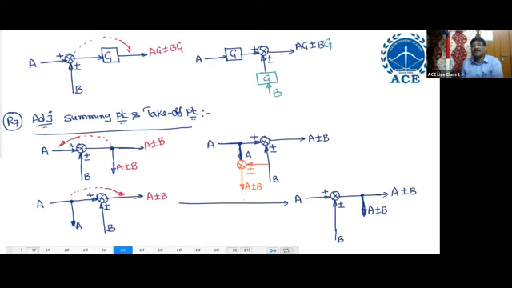Before shifting A is there, after shifting also A. That means I need to subtract the B signal. Here I will subtract, minus R plus B. Plus means minus, minus means plus. So that B is cancelled. Then you will get A. That means before shifting and after shifting, the output is same.